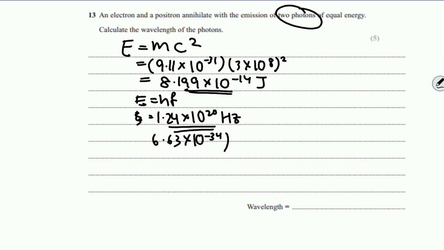Okay, good. You can just draw an arrow to that. Yeah. Okay? And using the lambda, where that's c.